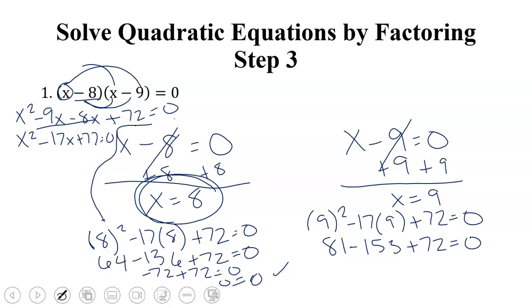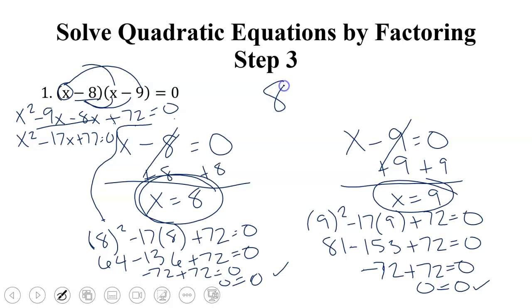So 81 minus 153 equals negative 72 plus 72, and that's 0 equals 0. So that's checked out. So this x equals 8 and 9. So this is a 2-solution problem.